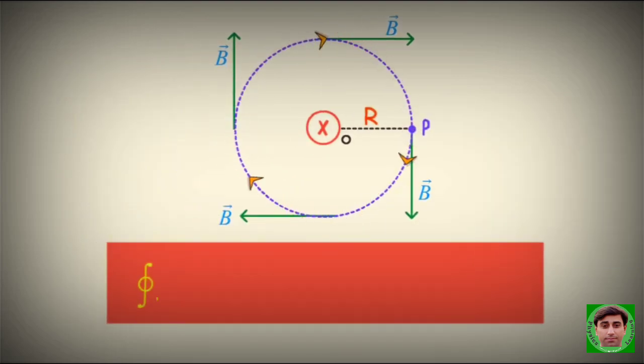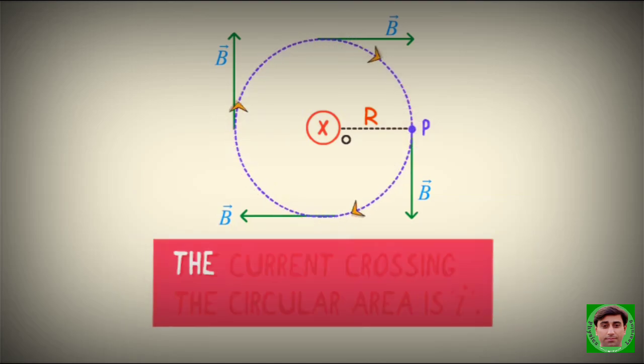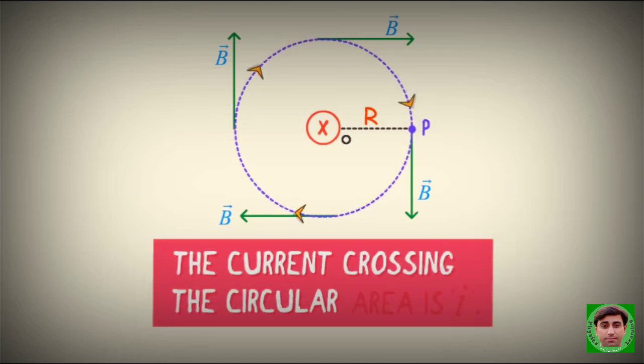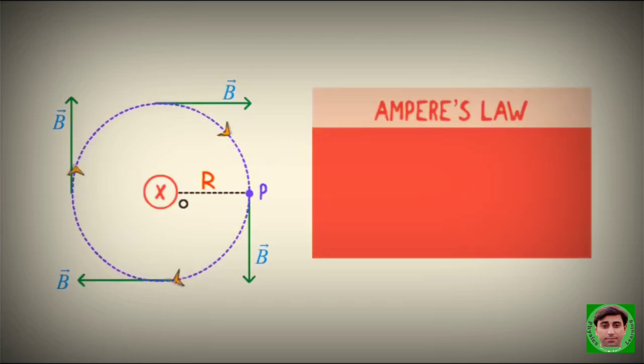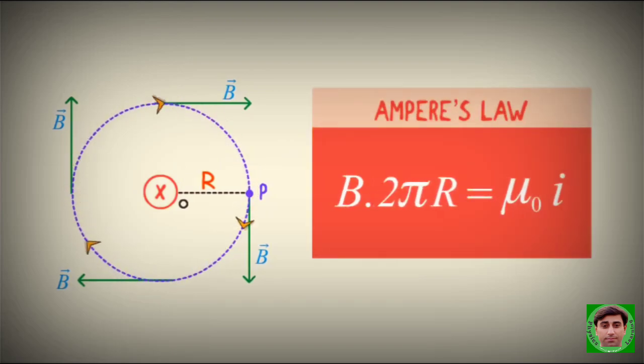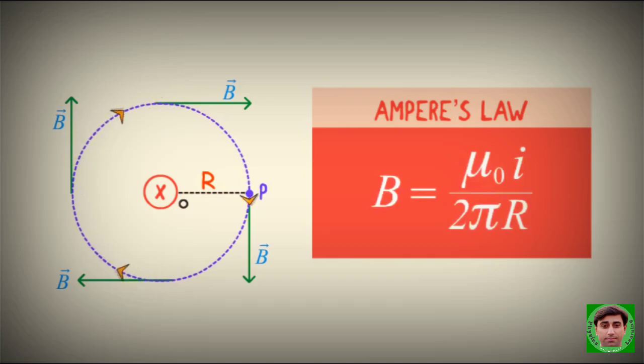Thus, the closed integral of B vector dot dl vector is equal to B into integral dl, which is equal to B into 2 pi r. The current crossing the circular area is I. Thus, by Ampere's law, B into 2 pi r is equal to mu naught I. This implies the magnetic field is equal to mu naught I divided by 2 pi r.